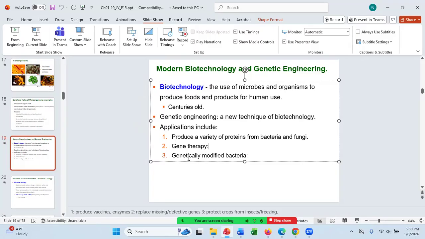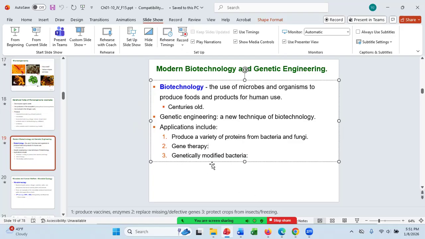And then we can make genetically modified bacteria, such as modifying the bacteria to prevent crops from being eaten by insects, or genetically modify the bacteria to then spray the plants with the bacteria and then prevent freezing.